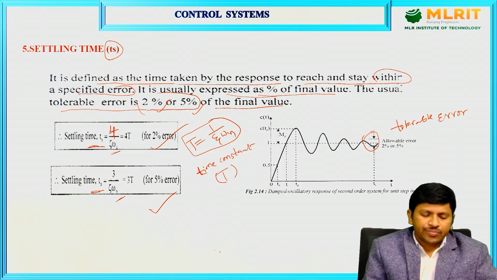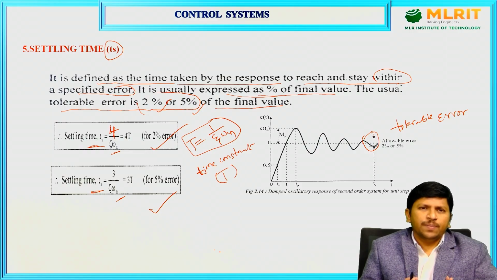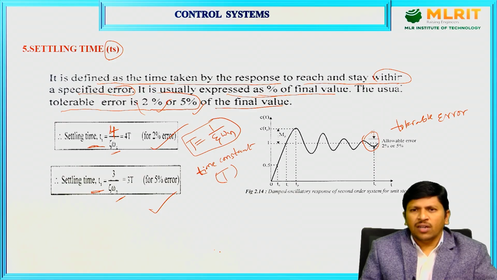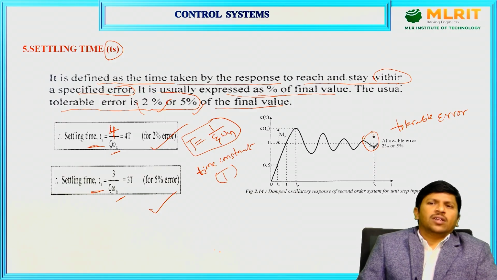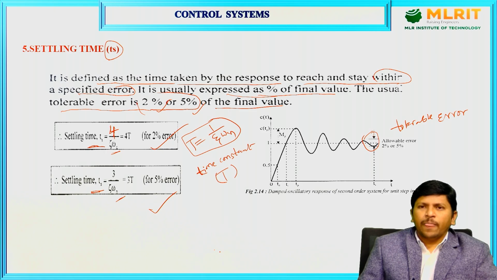In an underdamped system, all the time domain specifications are available. When we apply a unit step input to the system, we get the output as a response, that is c of t.